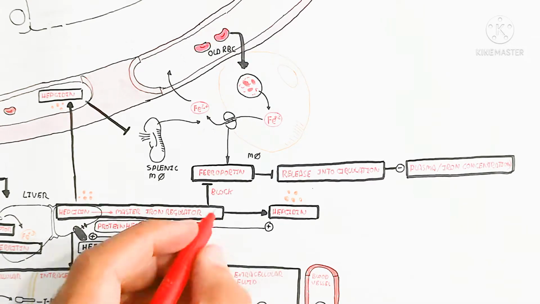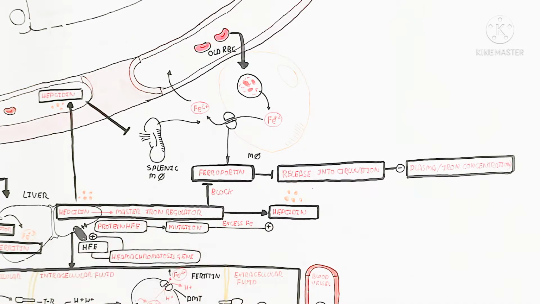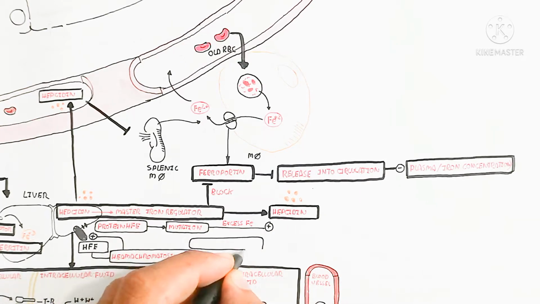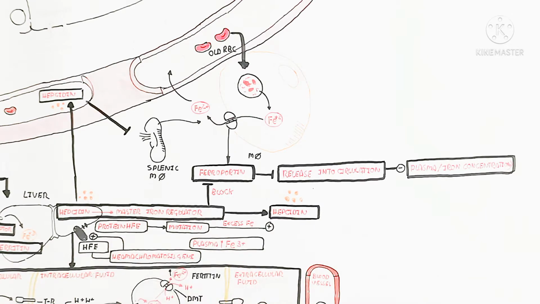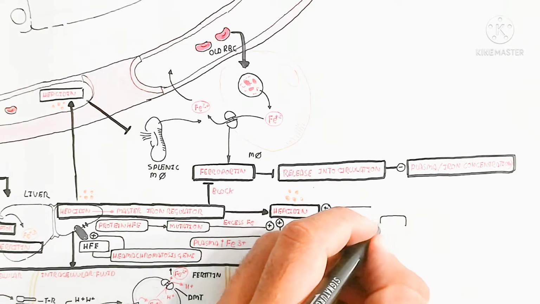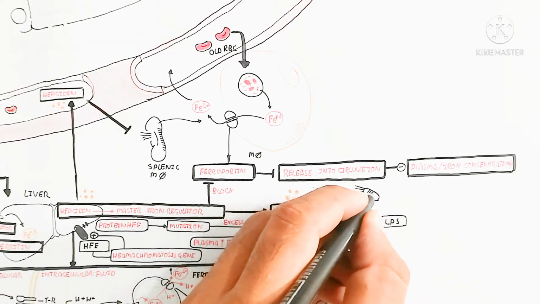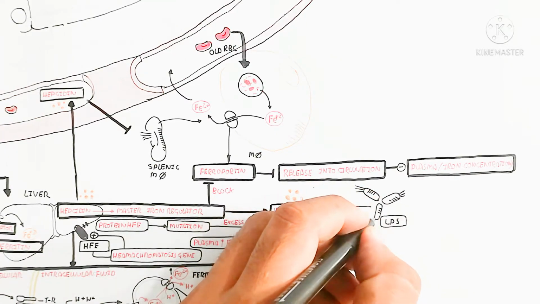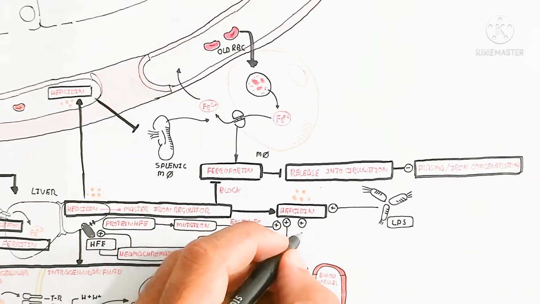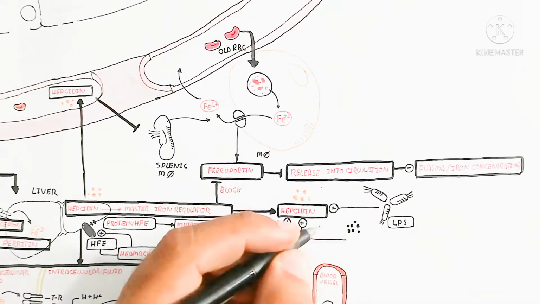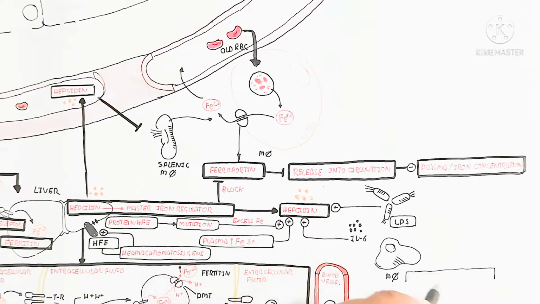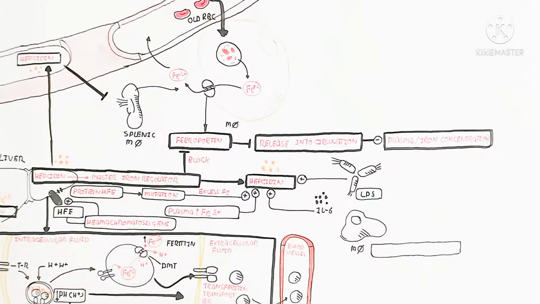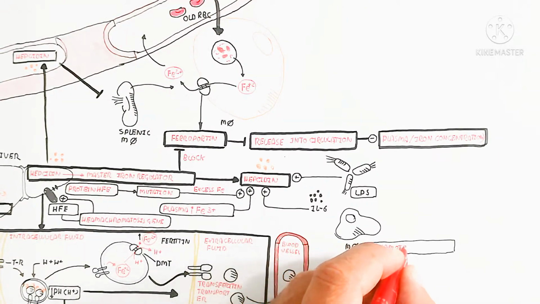So this hepcidin will be increased due to the protein HFE, which is produced in the liver by the hematochromatosis gene, and the plasma ferrous will be increased, which leads to increased hepcidin, and this increase of hepcidin will stop the breakdown of the red blood cell and stop the increasing of the iron.